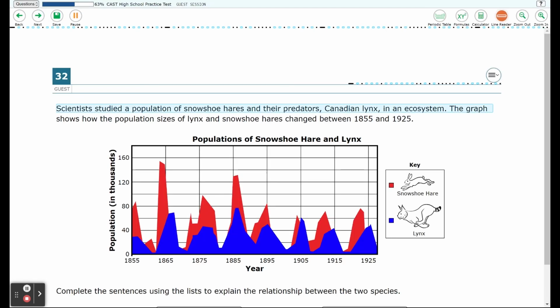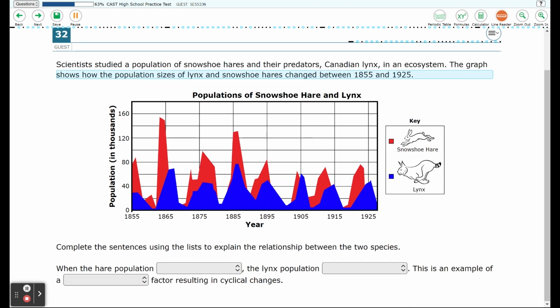Scientists studied a population of snowshoe hares and their predators, Canadian lynx, in an ecosystem. The graph shows how the population sizes of lynx and snowshoe hares changed between 1855 and 1925. And you can see the graph here with the red representing the populations of the snowshoe hare and the blue representing the populations of the lynx.